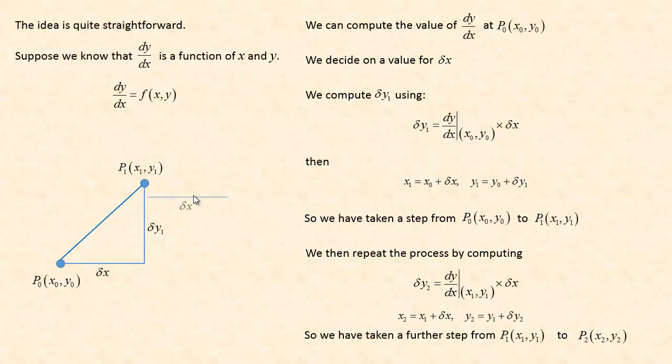So we go delta x across again. The new computation of the change in the y coordinate, delta y2, is here. That takes us to this next point, and we join them to give us an estimate of the integral curve along here.